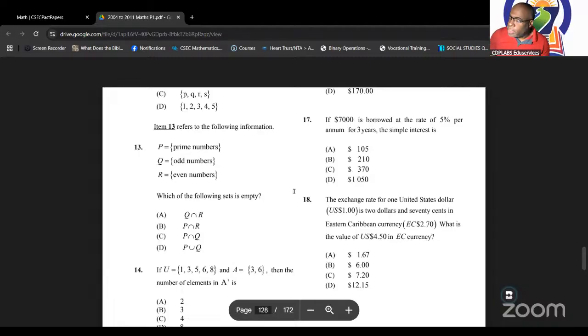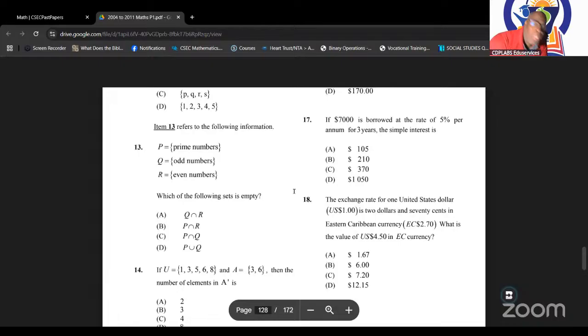Exactly. There's nothing common between the two sets, right? Nothing at all. Not related. None at all. So an empty set is where there's nothing that is actually related. And there are cases where such things exist, right? Now, which are the sets? By the way, let's look at the symbol that is there.